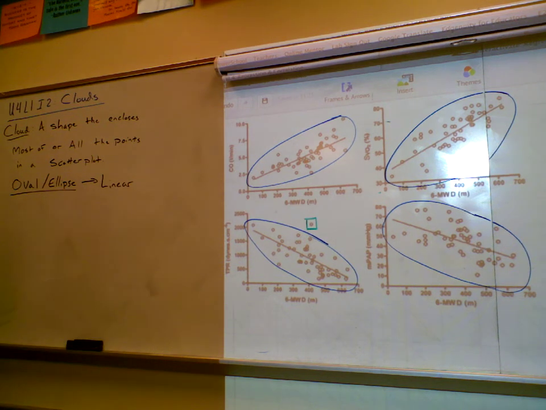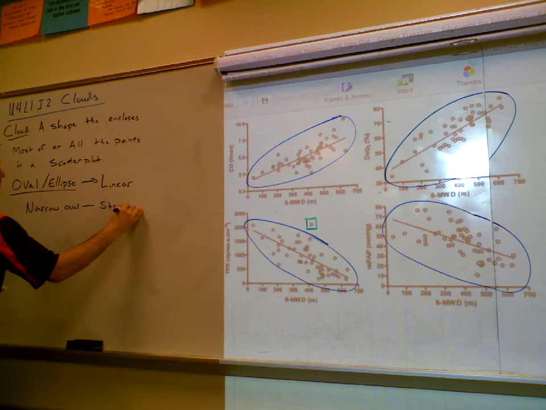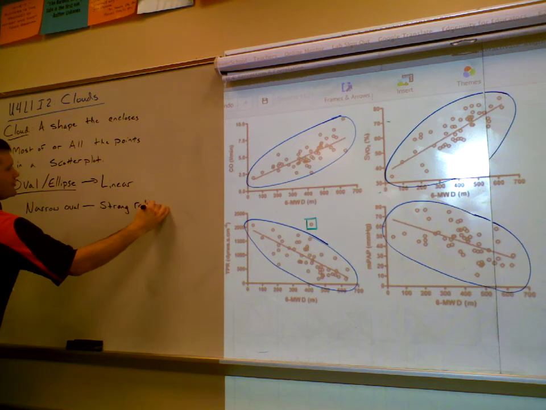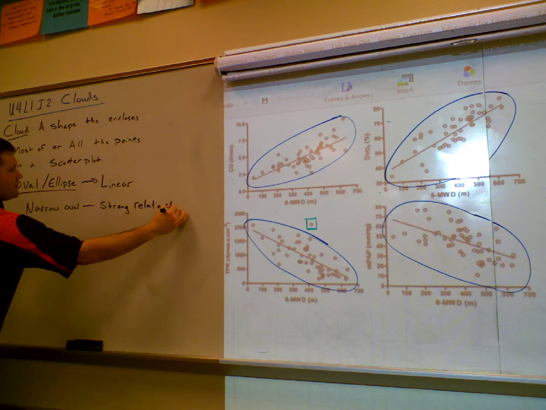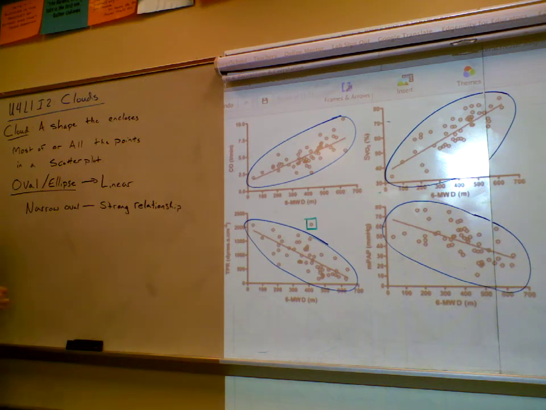If I have an oval or ellipse-shaped cloud, then we have a linear relationship. What does a narrow oval mean? It means we have a strong relationship. What does a wide oval mean? Weak.